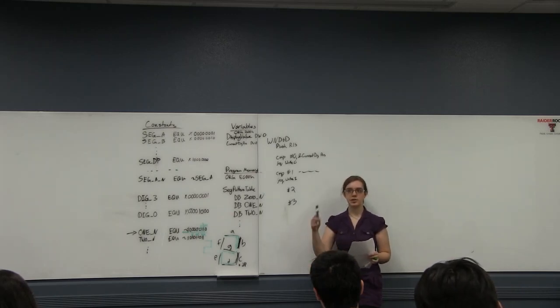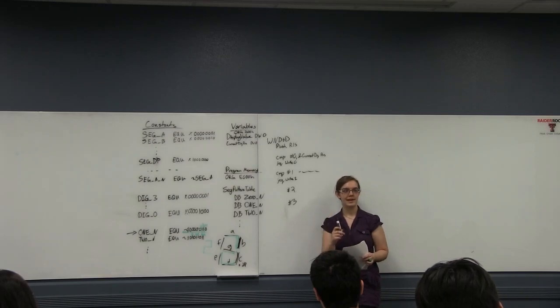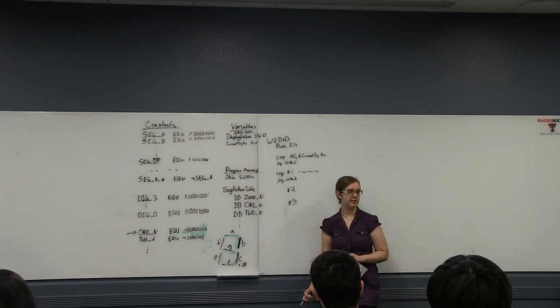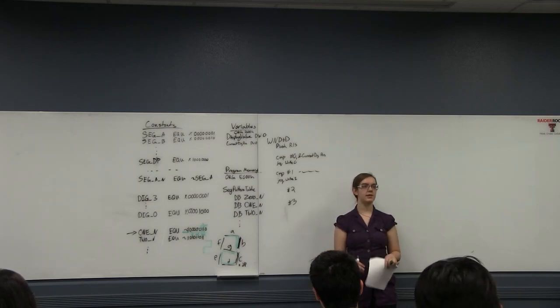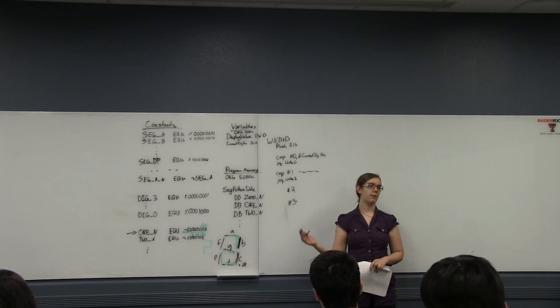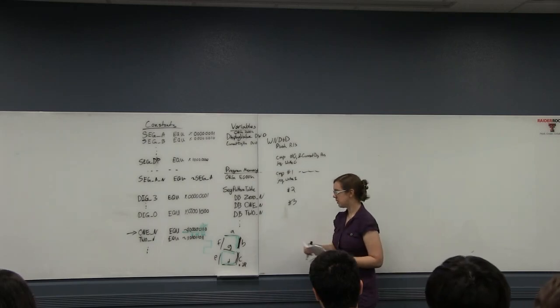In fact, each one is just on for a few milliseconds, but that's fast enough because our eyes only see so many frames per second, so it all looks like one number. And this saves pins so that we don't have to write out the whole number the entire time because that would take 3 more ports.